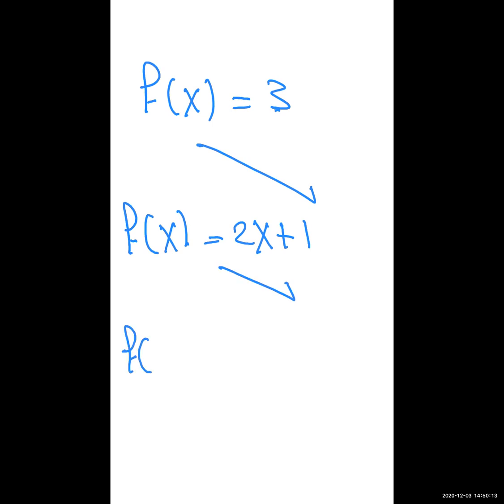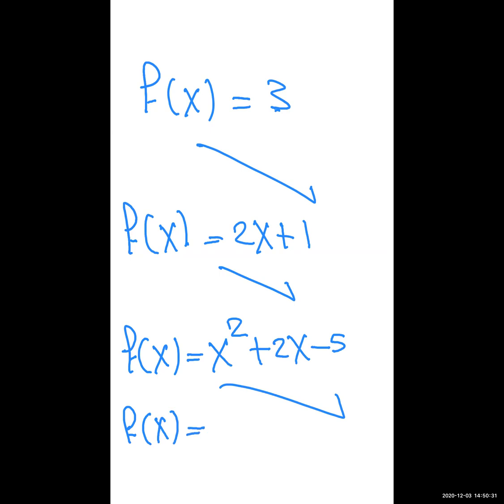If f of x equals x squared plus 2x minus 5, this is a polynomial. If f of x equals x to the power 3 minus 5, it's a polynomial.